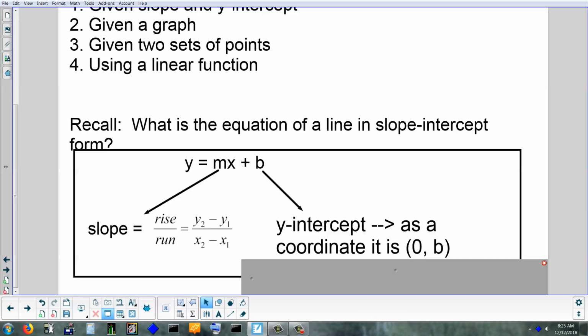One of those sets of points we give you today is going to have a 0 in it. So that set of points with a 0 in it, the other number is your y-intercept. And again, we'll talk about that a little bit more as we get closer to that example. So again, this formula we've talked about before, rise over run we've talked about before, y-intercept, we've talked about all that stuff before. And those are the 4 ways we're going to do that.